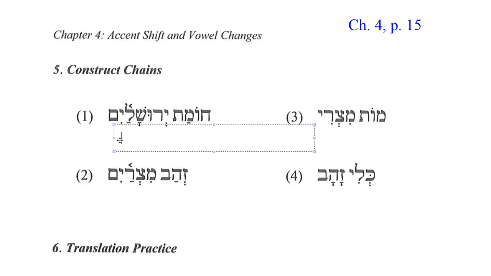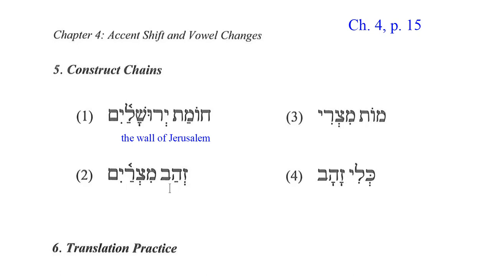And the default translation of a construct is something of something. So here we have wall, but it would be the wall of Jerusalem. Since the entire construct chain is definite, we have the wall of Jerusalem. Okay, let's move to number 2.